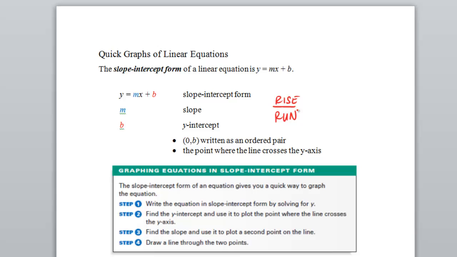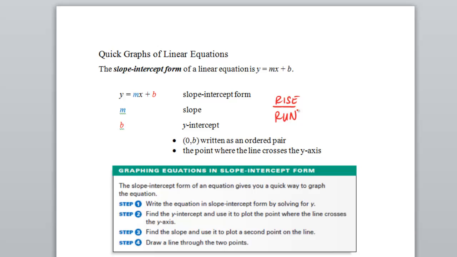That is always an option, but what we're trying to do in this lesson is give you some options to graph these things a little quicker. Graphing lines should be an easy process, and we're hoping you're able to do this a little bit faster.